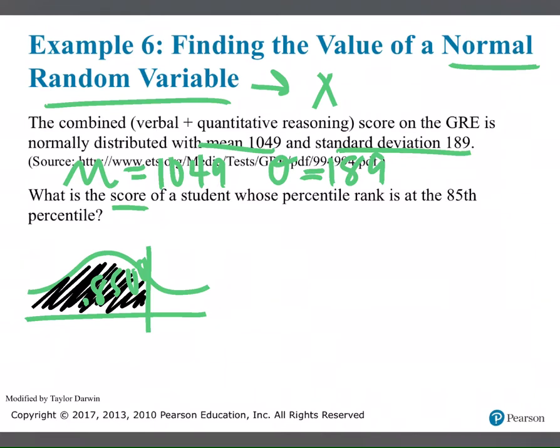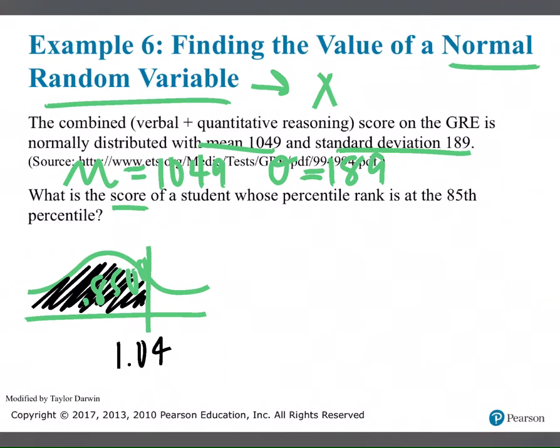And so if you'll notice, all the negative z-scores give you small values. And the larger the z-score gets, the larger the area gets. And if you look at a z-score at around 1.04, that gives you an area very, very, very close to 0.85. It may not be exact, but you want to get as close as possible.